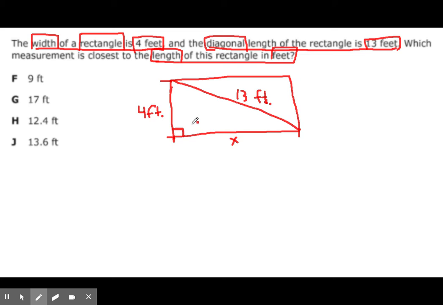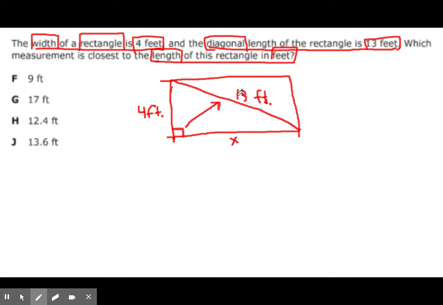The first thing I need to do is identify which side represents my hypotenuse. So once I know where that right angle is, I can draw an arrow pointing away from my right angle, and that arrow will always point to my hypotenuse. Now remember, your hypotenuse is the longest side in your right triangle.